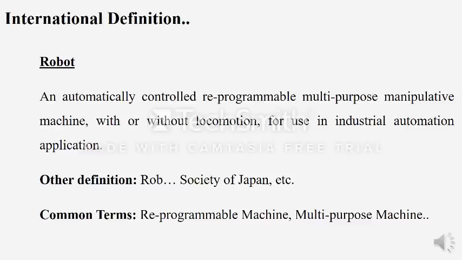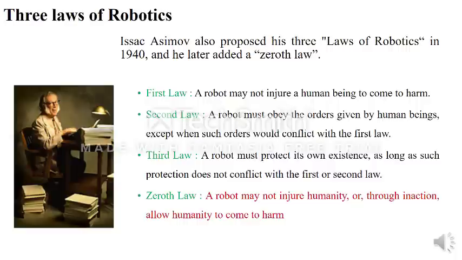The other terms for robot are reprogrammable machine or multi-purpose machine. Why? Because we can reprogram the robot to our requirement and it does n number of multi-purpose work. We call it a multi-purpose machine. This is how international people will call robot, robe or reprogrammable machine or multi-purpose machine.